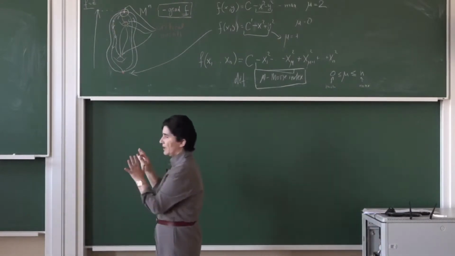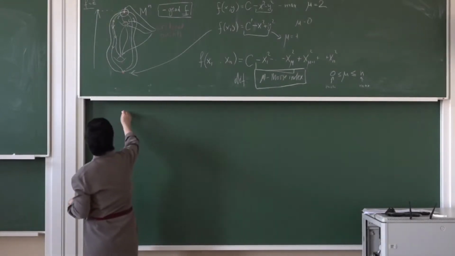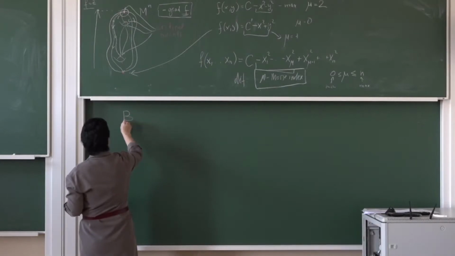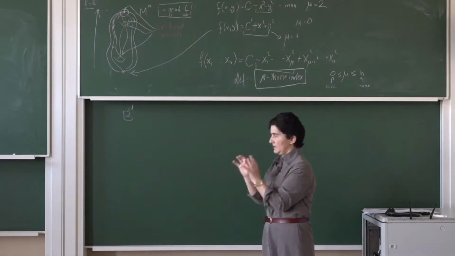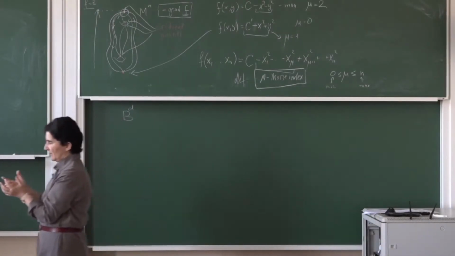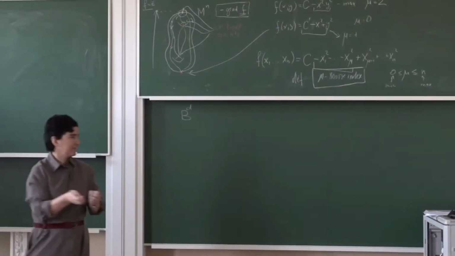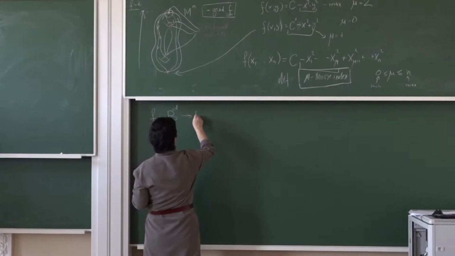Let us forget about very complicated manifolds. Let us think that we have just a ball, BD. Please imagine this ball as the ball centered at the origin in the d-dimensional Euclidean space. And assume that we have a function f, which takes the ball to real numbers.